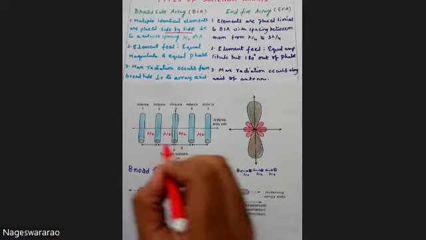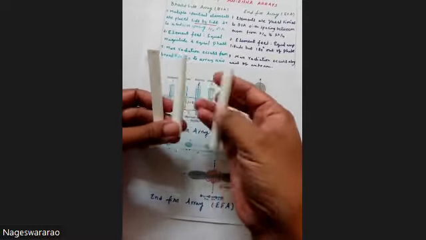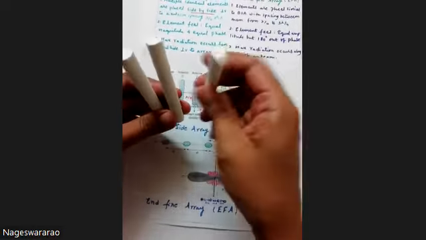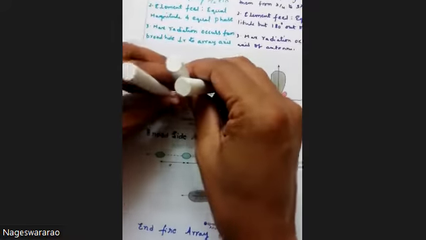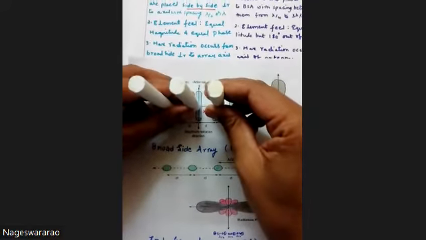And here the arrangement of antennas will be like this. Say, we can take an example of a chalk piece also. You can consider these like 3 antennas and these 3 antennas will be placed like this. And this we call the broadside array arrangement.